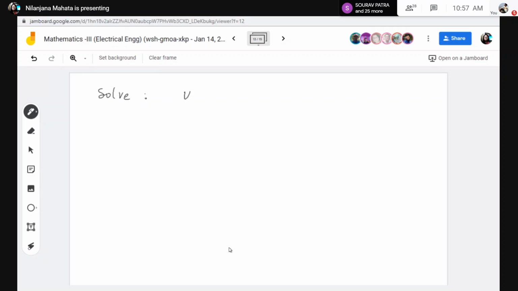Solve u_t equal to 4 u_xx, u_x(0) is equal to x square, u_x(1) and u(0,t) is equal to 0.